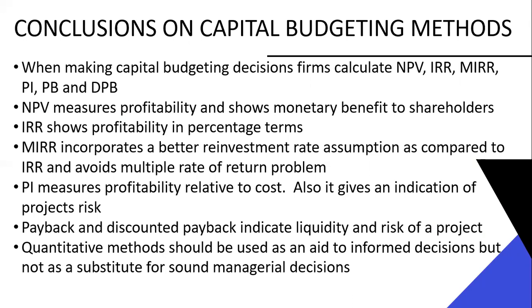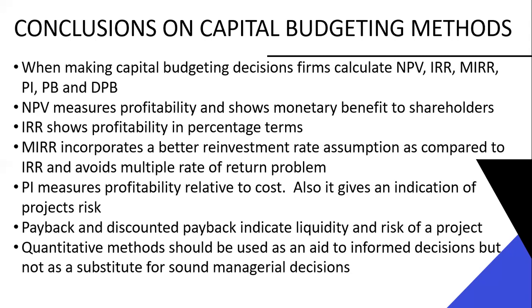The IRR also shows the profitability, but it shows it in percentage terms. MIRR incorporates a better reinvestment rate as compared to IRR, because remember, IRR assumes that money is being reinvested at IRR, whereas MIRR assumes that it's going to be reinvested at the cost of capital.